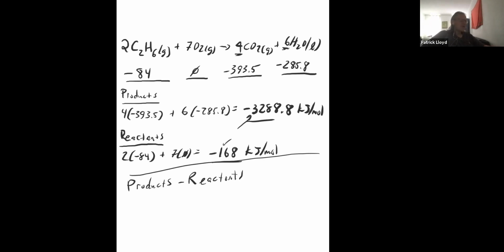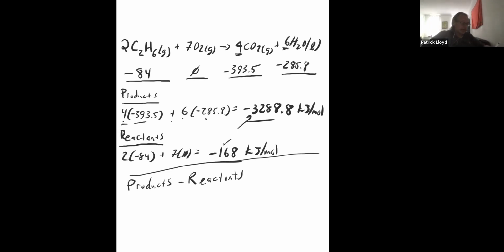Okay, so notice I didn't put the formula in anywhere, but that's what we're doing, right? When we say 4 times this, we're saying, you know, N sub P times delta H of formation of P plus N sub P times delta H of formation of P, right? And then you're doing the sum, right? So you're adding them together.